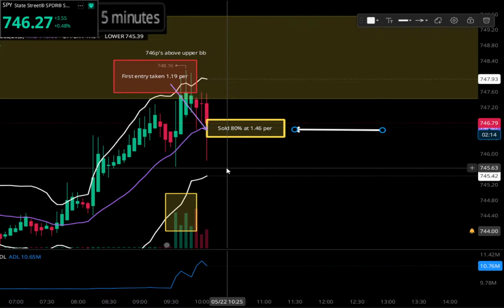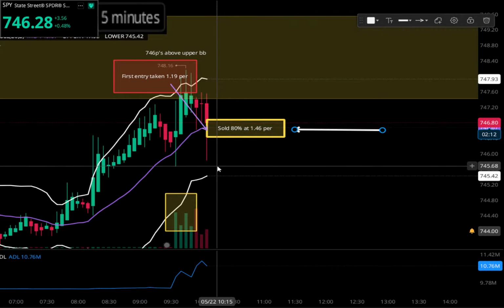I'm going to look for this 745.68 to try to exit this last put. Okay. So not exactly the lower Bollinger, but it's at the bottom of a large inverse cup.